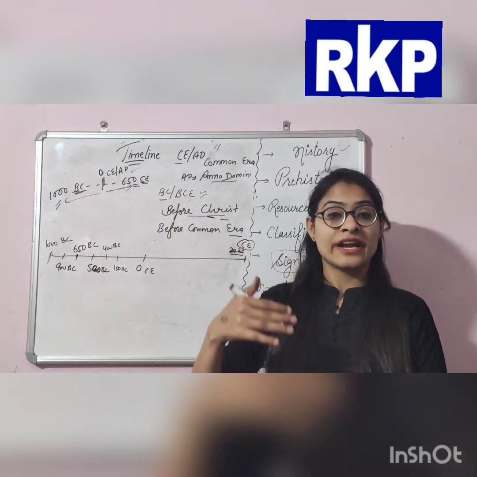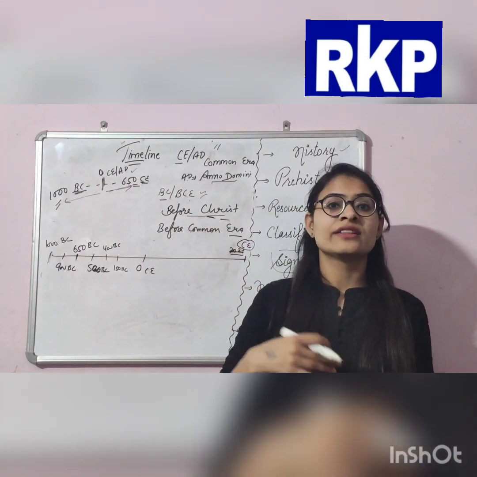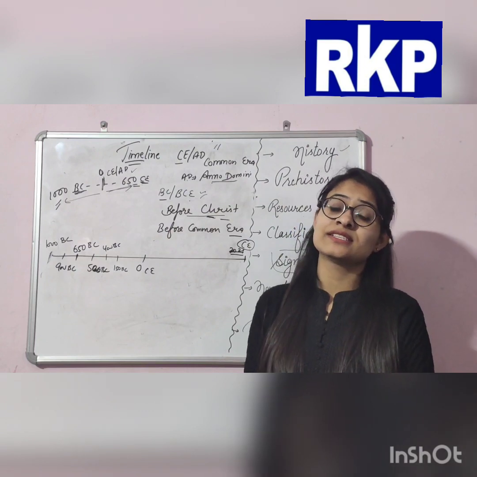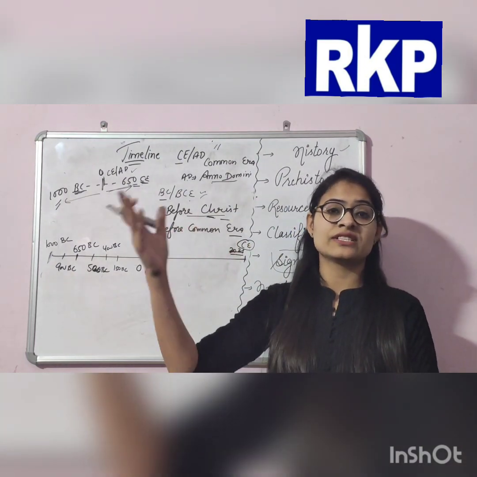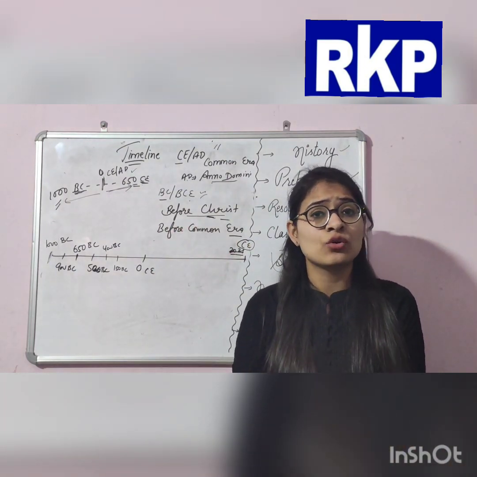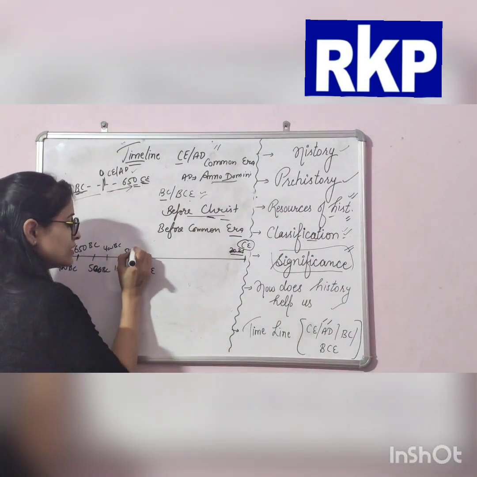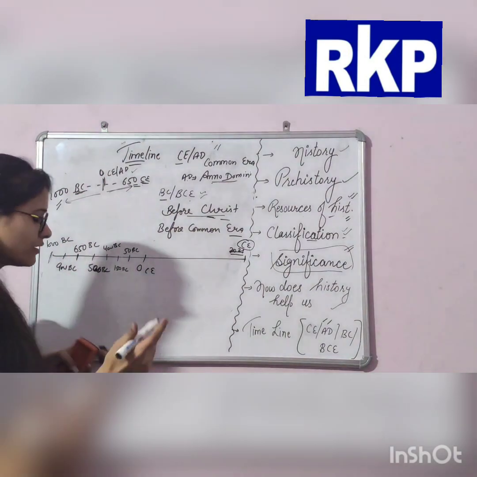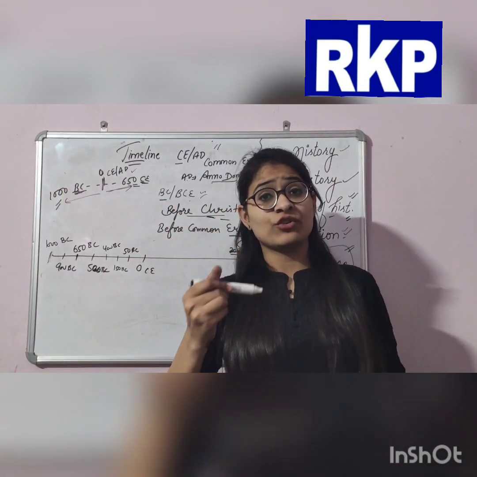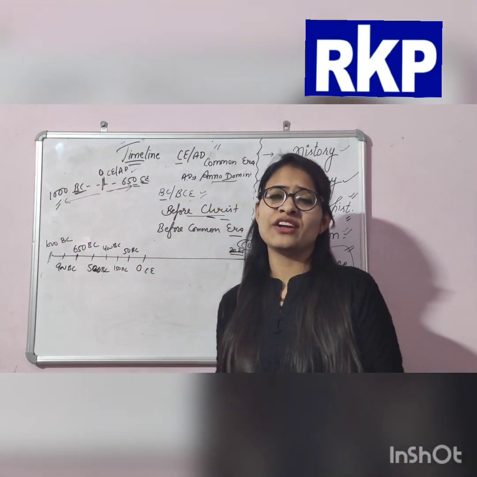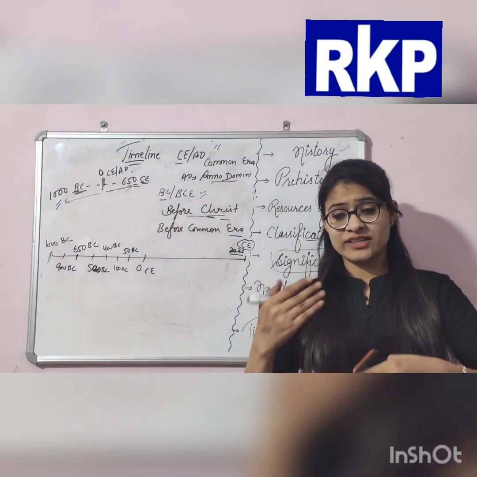After that 90, 89, 88, then 80, then 79, 78, 77, 76. Means as we go, we will go till 50 BC. Yes, then after 50, 49, 48, 47, 46, 45, 43, 42, 41, 40, like this we will go till 10.